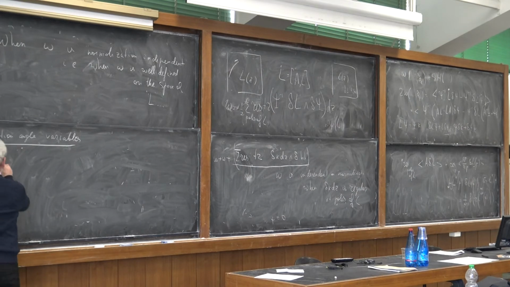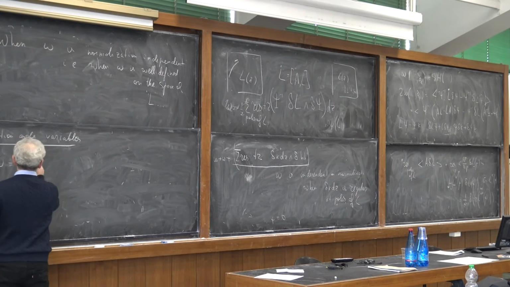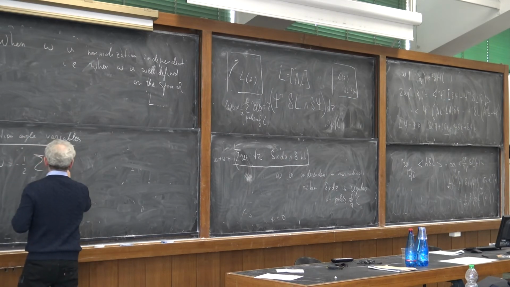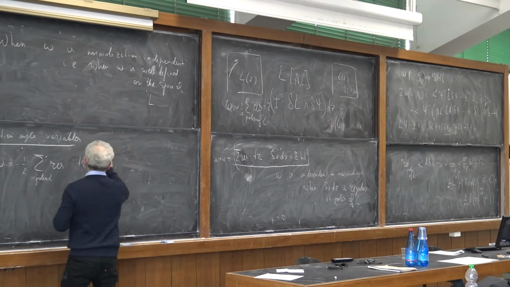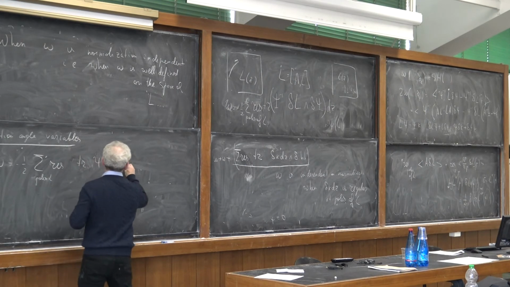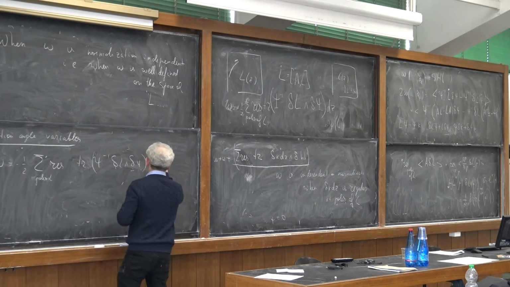Okay, let's look at omega once again. Minus 1/2 the sum over residues over poles of L, trace psi inverse delta L delta psi dz.